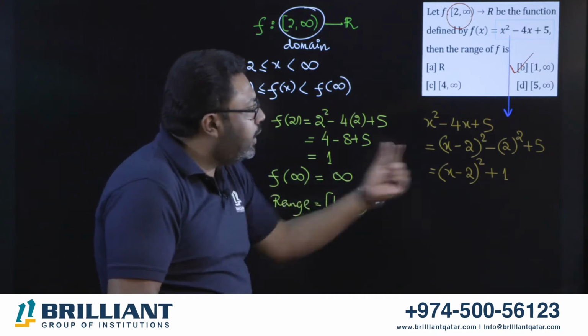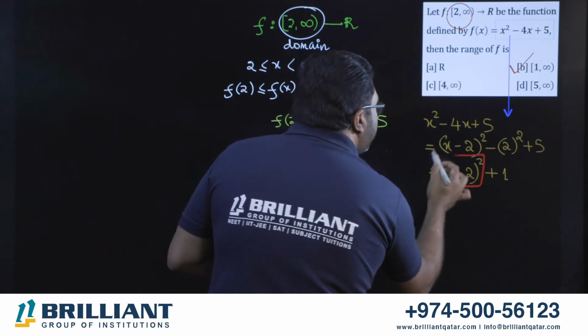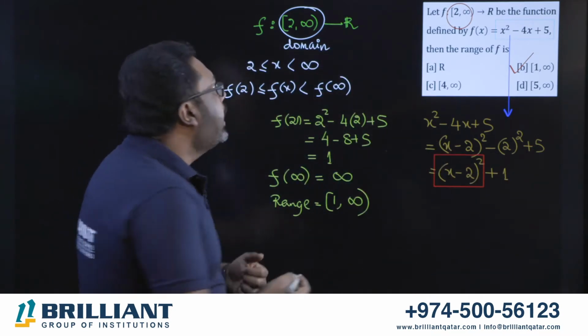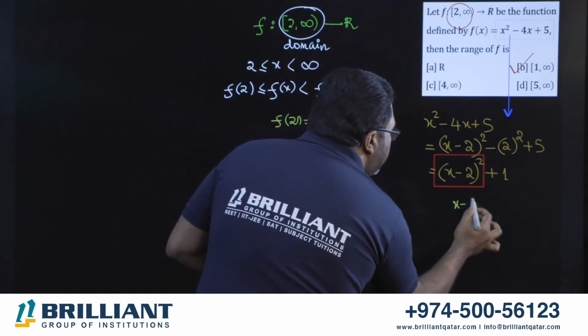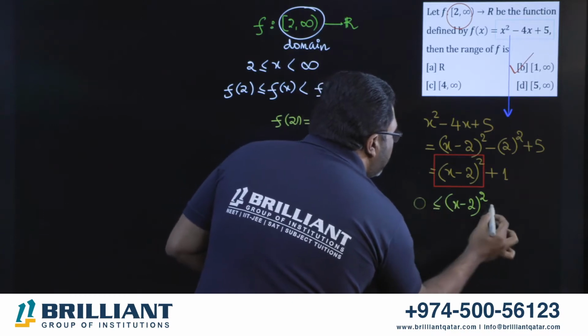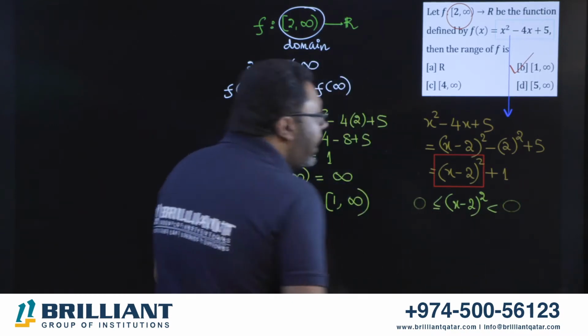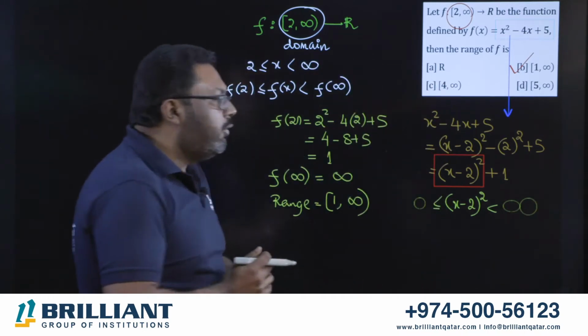Now it's very easy. Look at the expression x minus 2 squared. There is no doubt that x minus 2 squared is going to be a value between 0 and infinity.